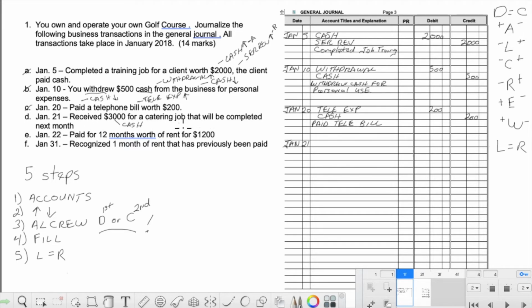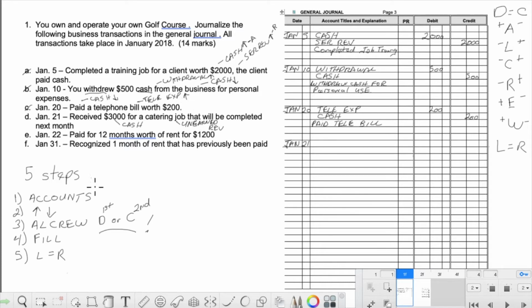Unearned revenue. We haven't completed the job yet, right? If we didn't complete the job, the customer could come back, sue us, and actually get the money back, right? And this is the one that everyone always gets mixed up, because you hear revenue and you think it falls under revenue, but it doesn't. So it should be a huge red flag.